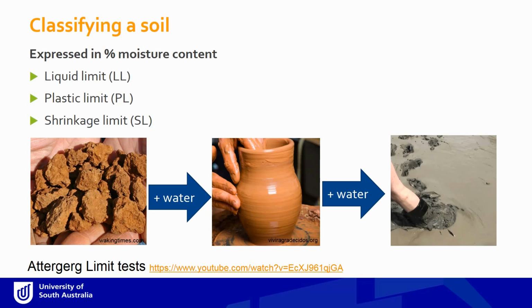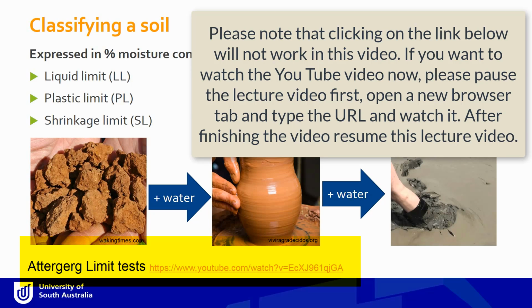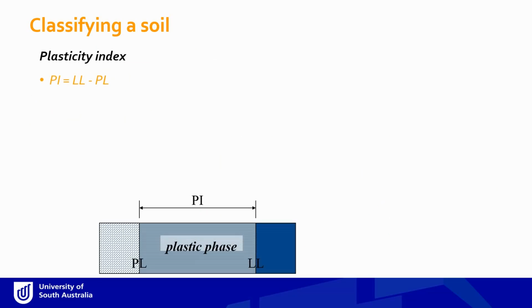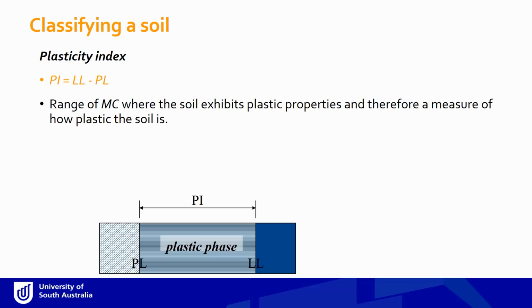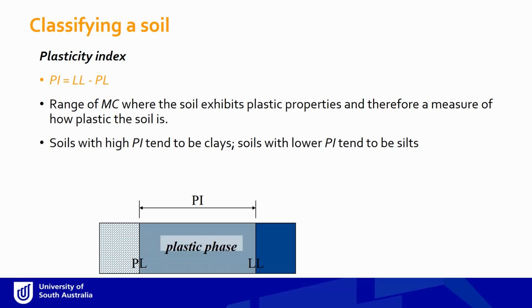Anyway, if you want to know about these limits in water content, they are also known as Atterberg limits. You can click on this video link and watch it. Now there is another quantity we often use. It's called plasticity index. We use it for classifying fine-grained soil as well. It's nothing but the difference in water content between liquid limit and plastic limit, and it's a very good indication of how plastic a soil is.